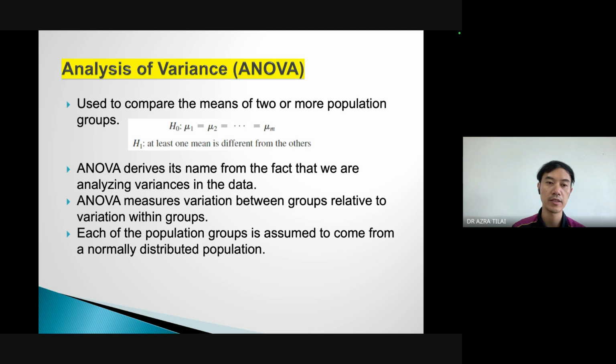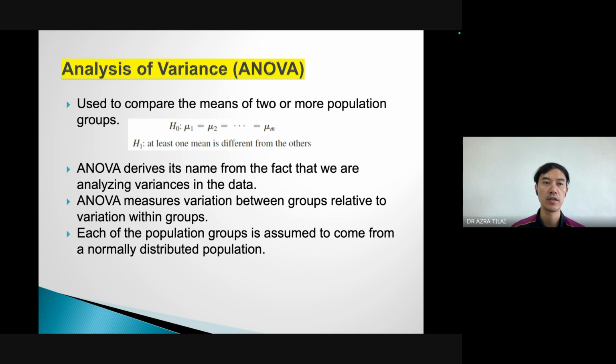Or if it's only a slight difference, for example 98, 99 and 100, or 110, 90, 100, it's quite in the middle, compared to 150, 100, and let's say 50.